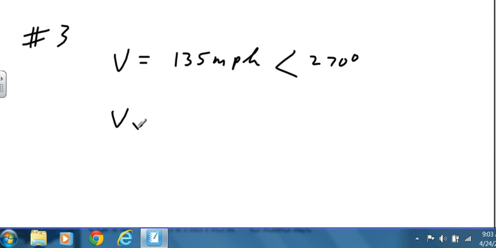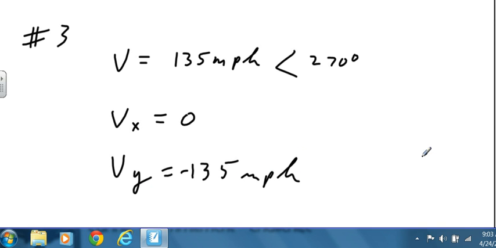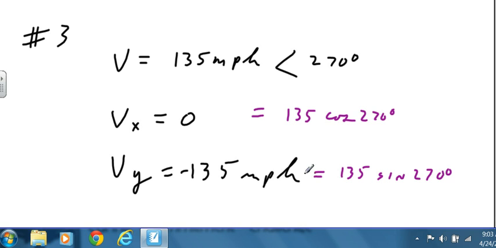So v in the x direction is going to be 0, and v in the y direction is going to be minus 135 miles per hour. And you say, well, how did you get that? Well, I want 135 cosine 270, and I want 135 sine 270. And I put those in my calculator, and those are the answers that I got.